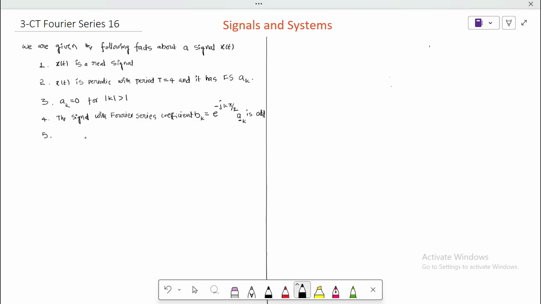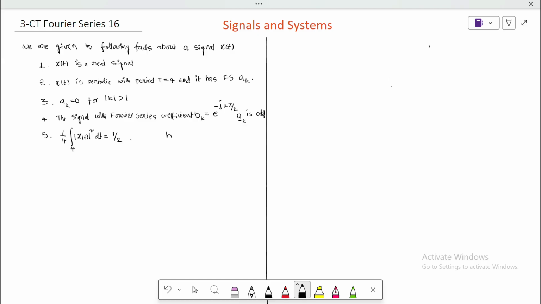The fifth one is the average power, which is given. So you know that 1 by 4, the integral within one time period, this is Parseval's relation, is it? Mod of x of t squared into dt equals 1 by 2.